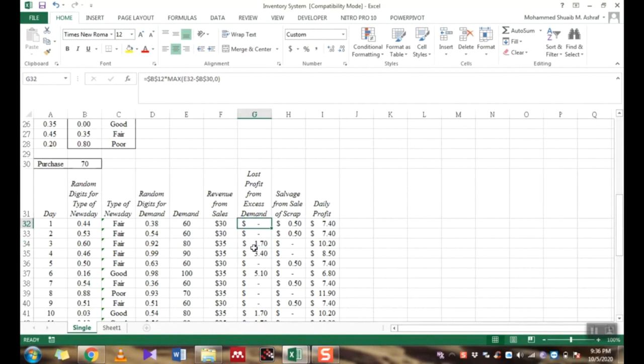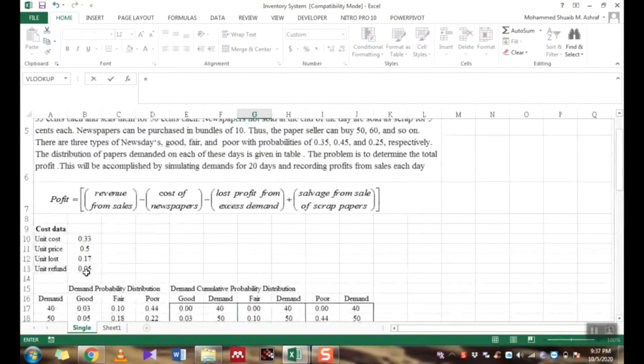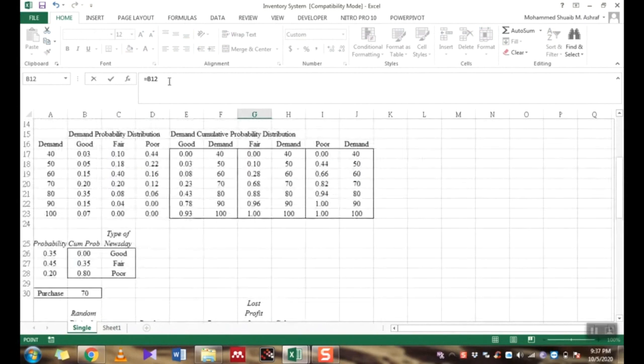How will we calculate this? See, unit cost multiplied by, this will be fixed.